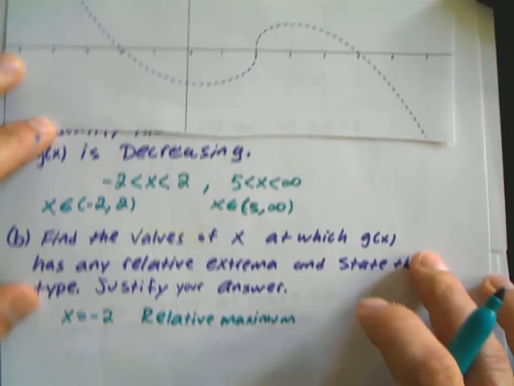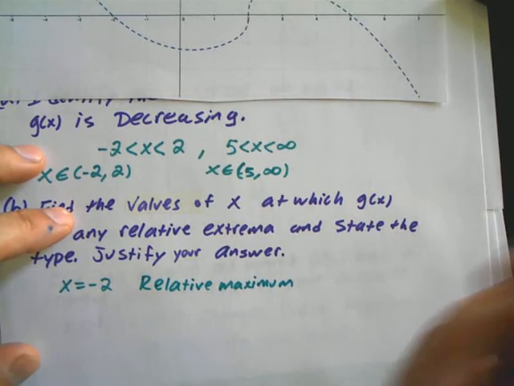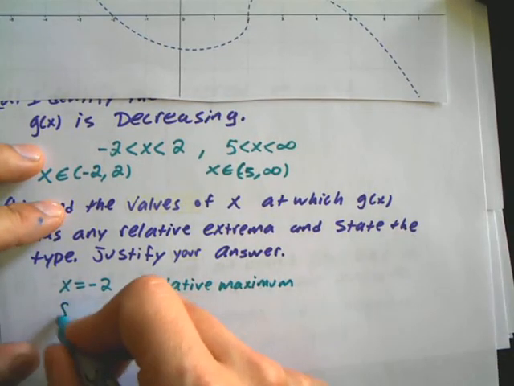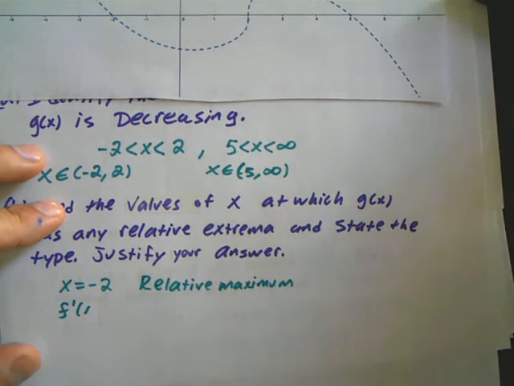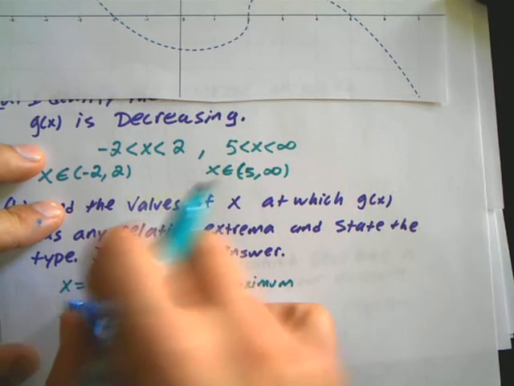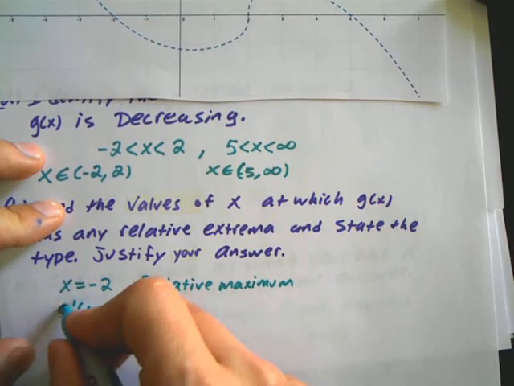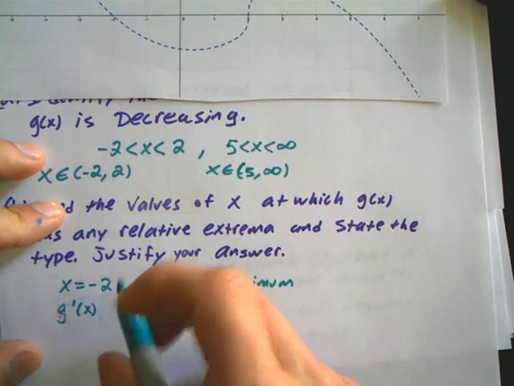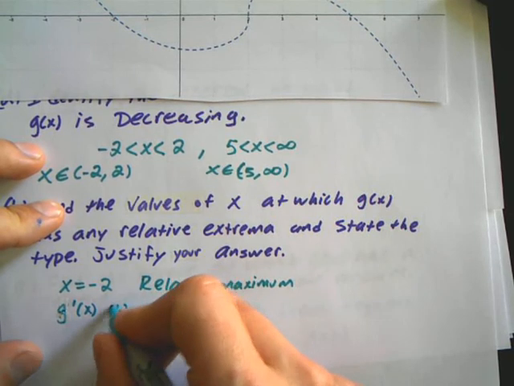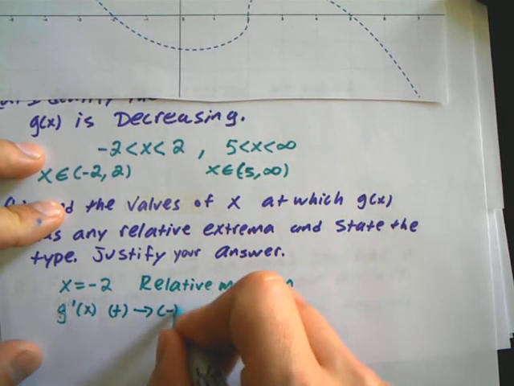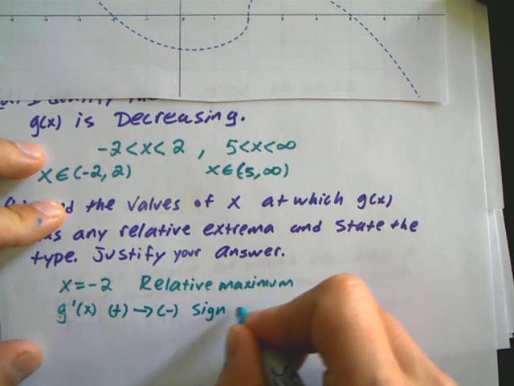And then to justify our answer, we have to state this type of sign change. So you would say that g prime of x has a positive to negative sign change.